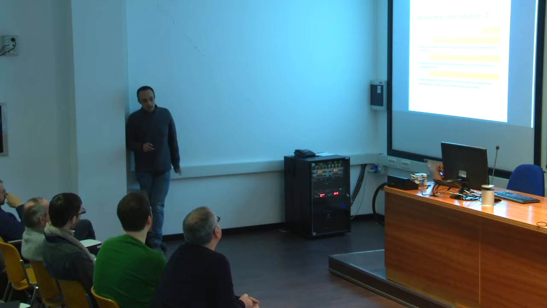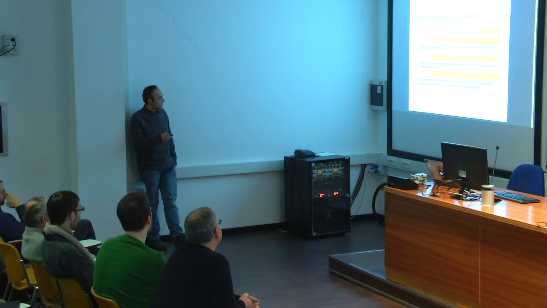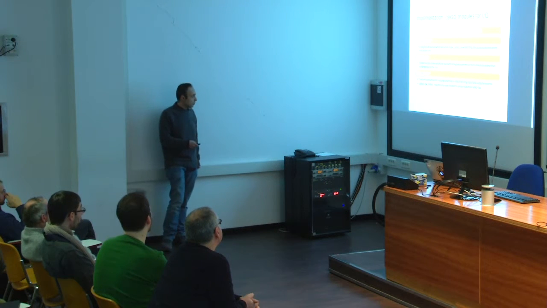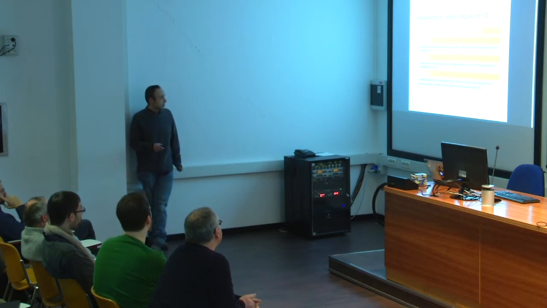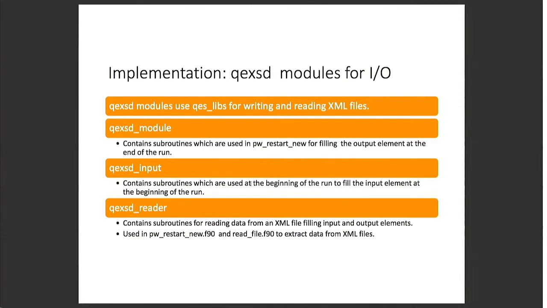A second layer of modules are the QE-XSD modules. We have three of them. One is the QE-XSD module that provides all the routines that you need to fill the elements of the output, and also the routines to effectively write the XML file at the end of the run.